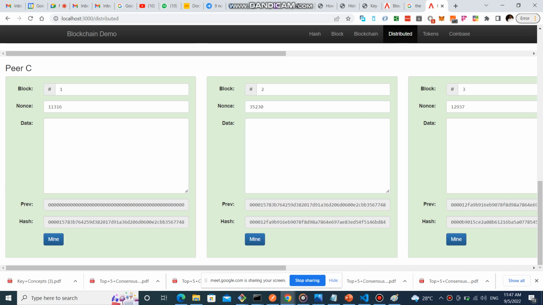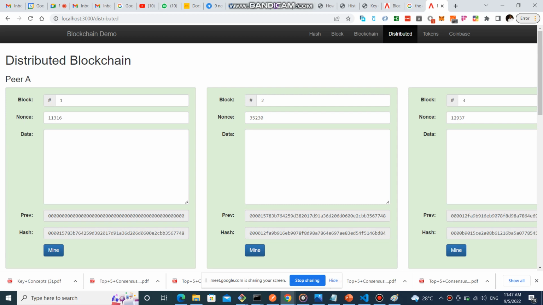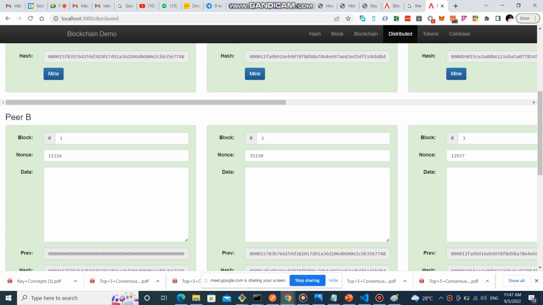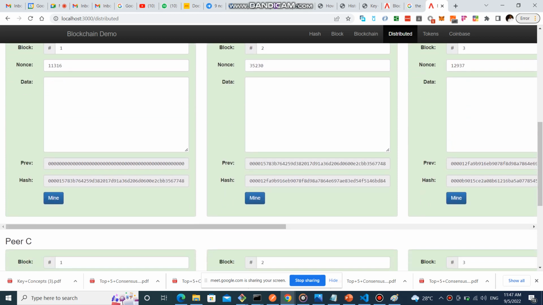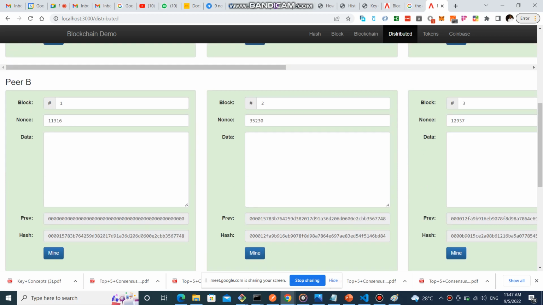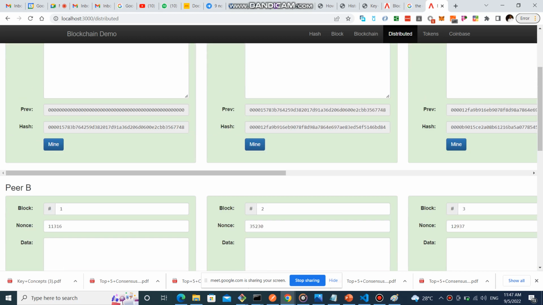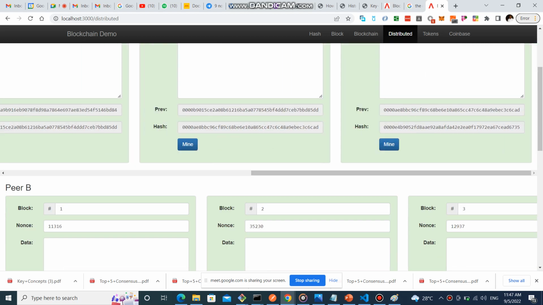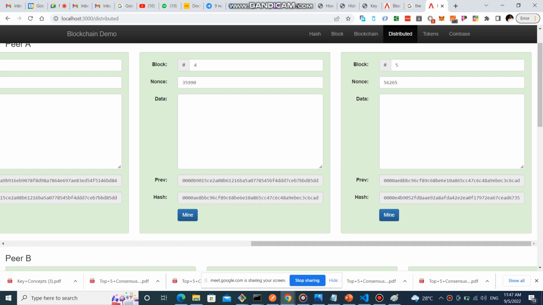So which means the copy you have under pair A is the same copy you have under pair B, the same number of blocks, the same information. So what happens is this: whenever your system is connected to a specific blockchain network, you are joining a specific pair.